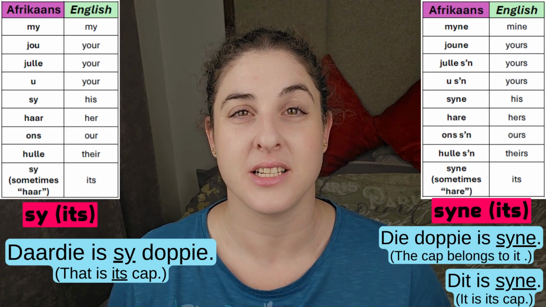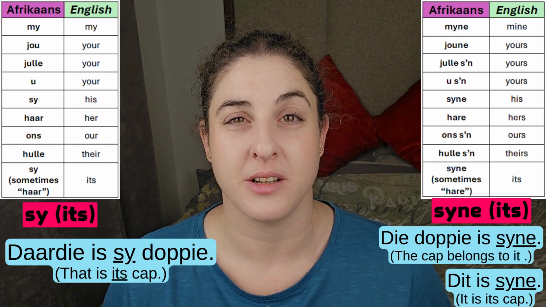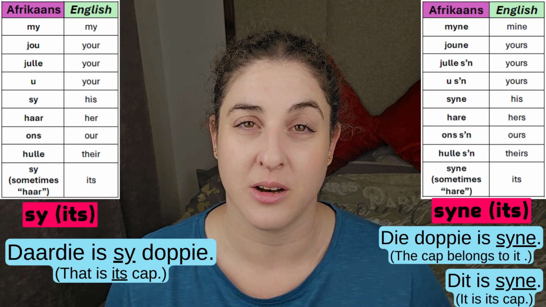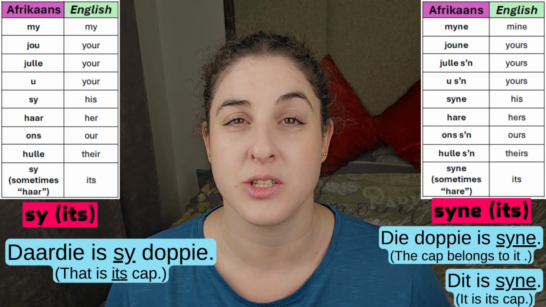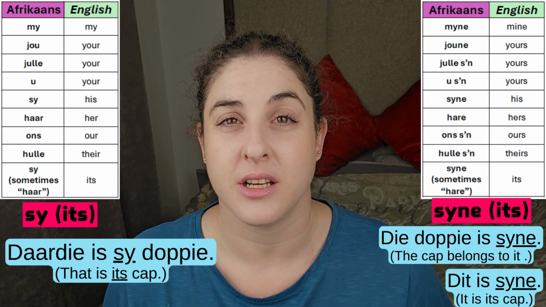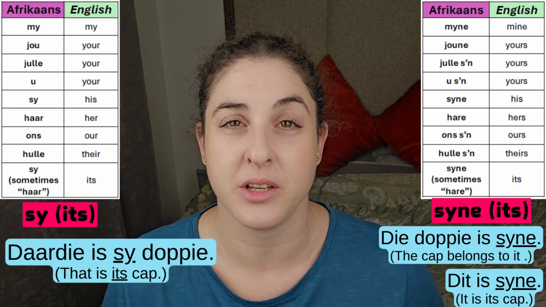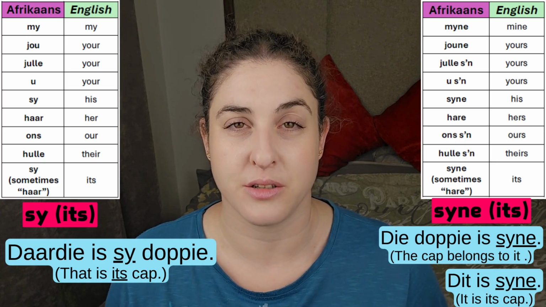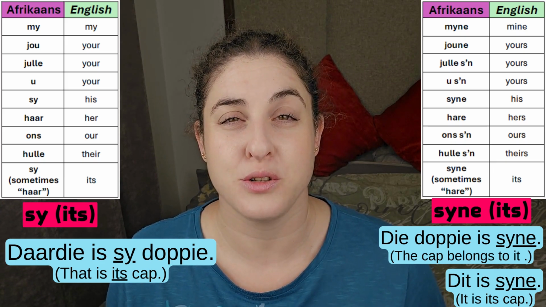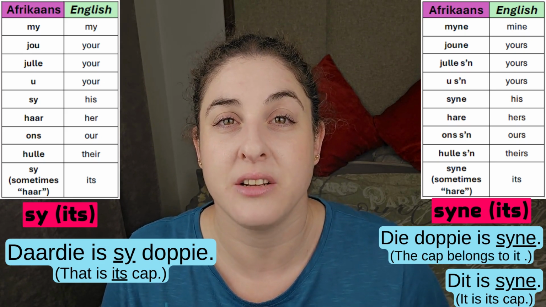And this is again, sy and syne. But the difference between when we looked at it previously and now is that now it applies to an inanimate object. So in Afrikaans, the possessive pronouns sy and syne, which are the ones we use for a male individual, when used for an inanimate object, become genderless.